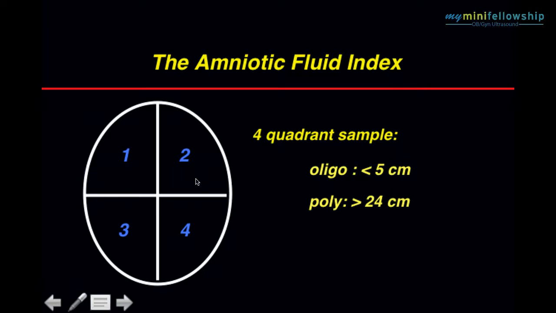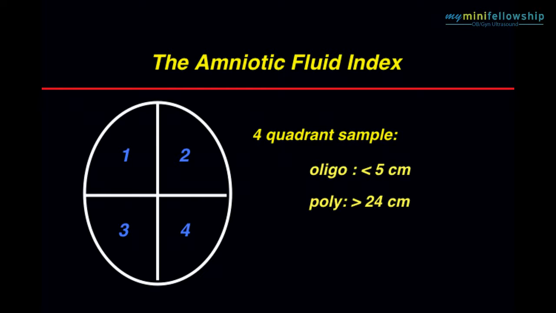As you know, what the amniotic fluid index does is exactly the same thing as Manning proposed to measure the deepest vertical pocket, but instead of simply measuring the deepest vertical pocket, you measure the deepest vertical pocket in 4 quadrants of the gravid uterus.